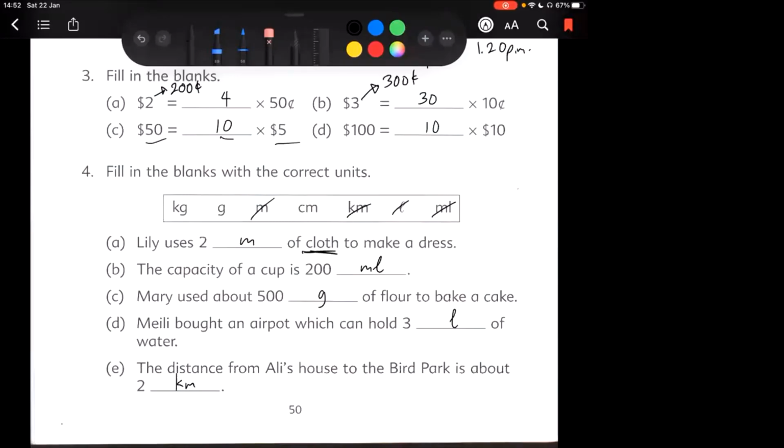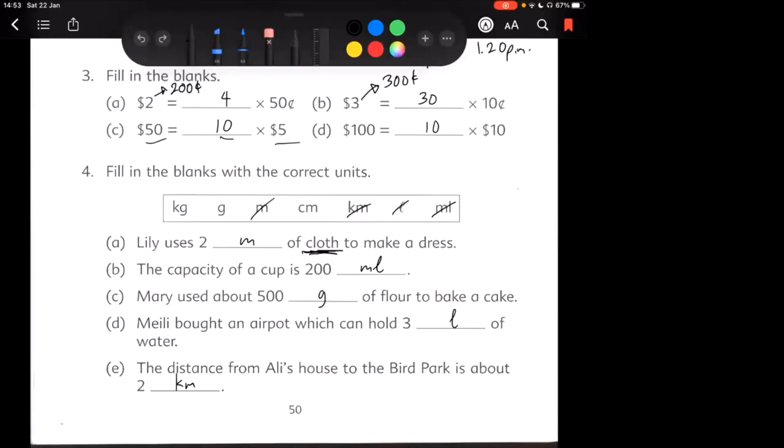So when you see cloth, we know that it's probably about length, right? Because you don't really care about the weight of a dress unless the weight can vary a lot. And the volume is definitely not, because you don't count cloth with volume or capacity, sorry.